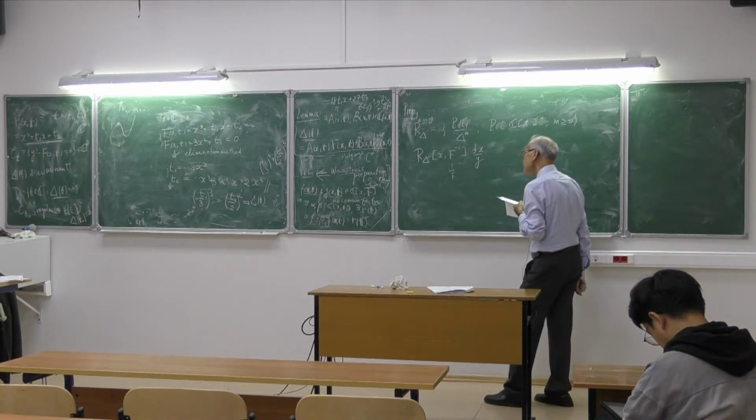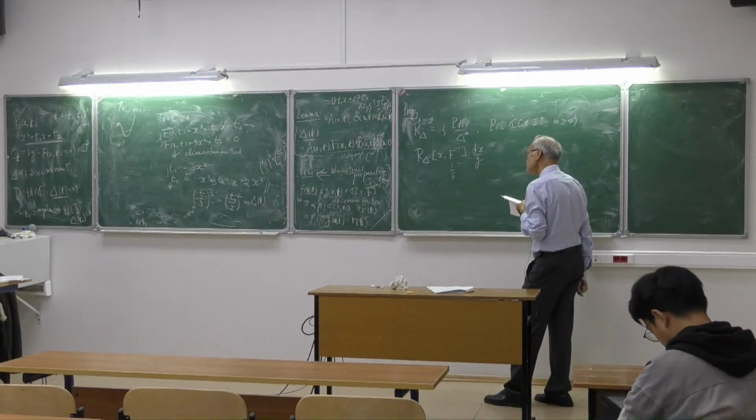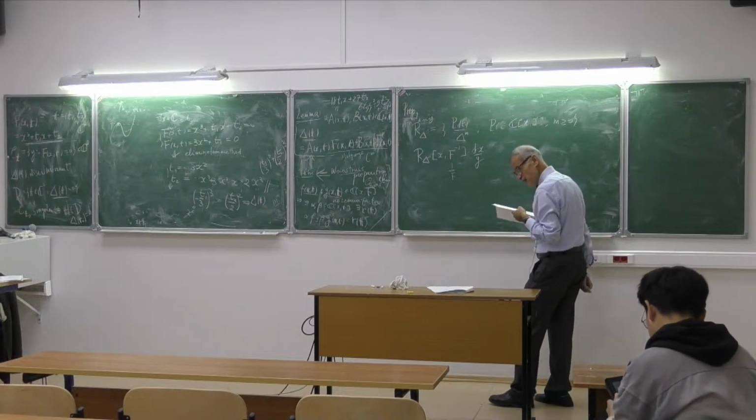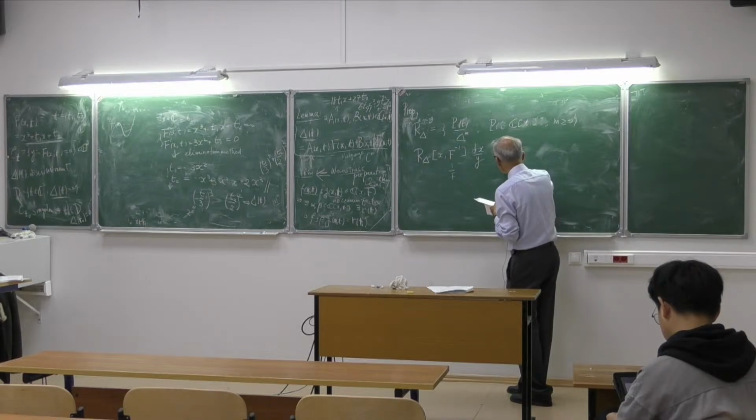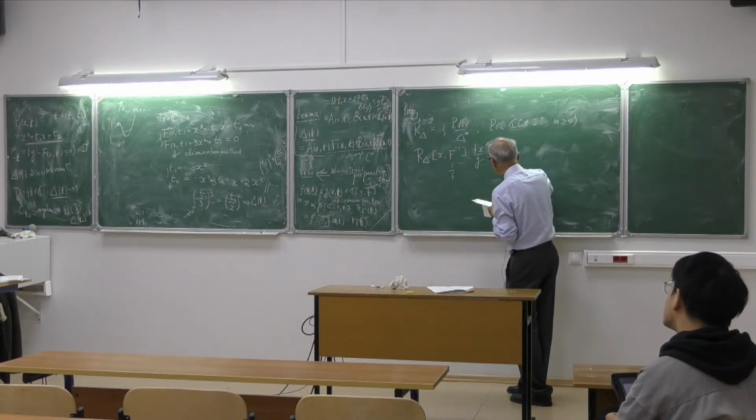Consider the ring of rational differential one-forms with poles along f.